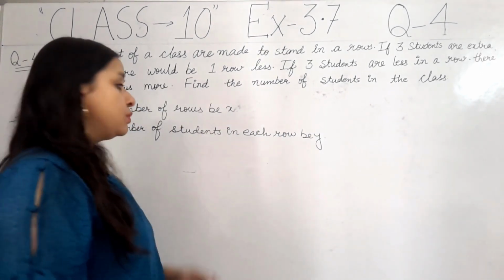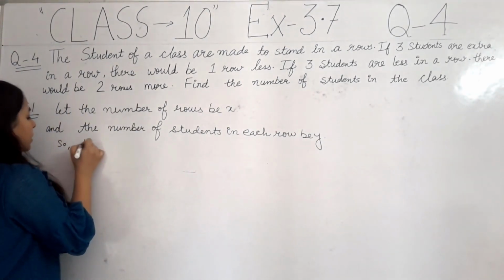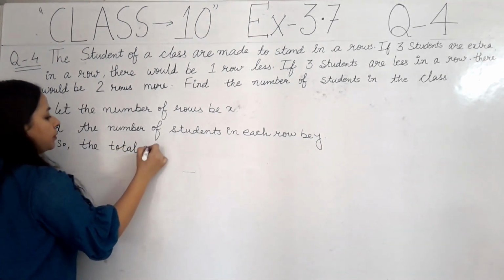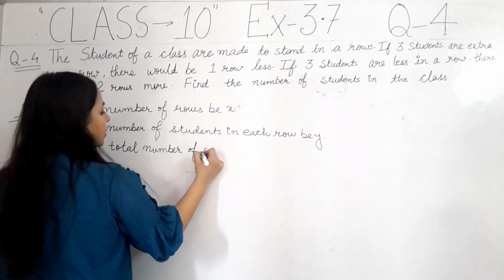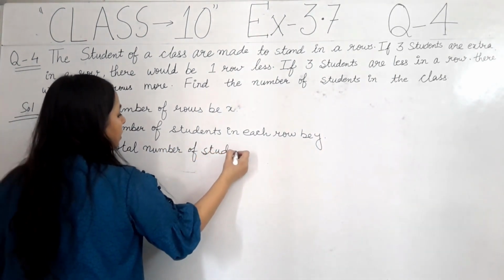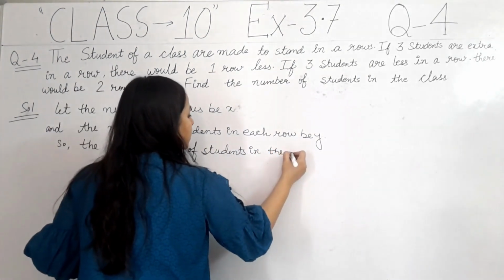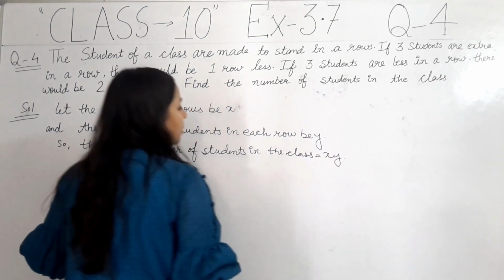So the total number of students, how many students are there in the class? So the total number of students in the class कितने हो जाएंगे? x into y. कैसे होंगे देखिएगा आप.